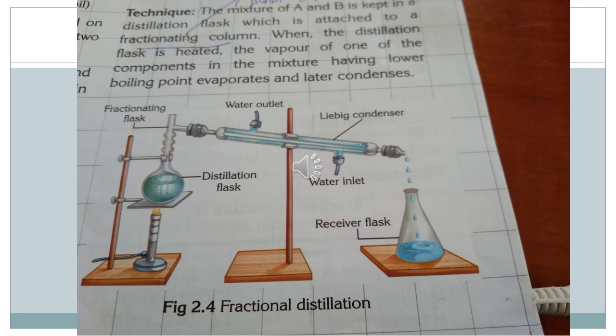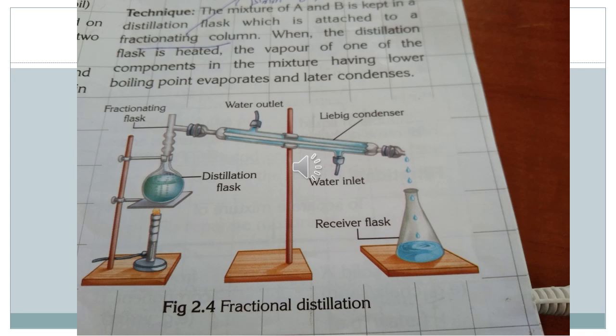Now here you see, a homogeneous mixture of two liquids is chosen in such a way that the two miscible liquids have less than 20 to 25 degrees Celsius difference in their boiling points. When we apply this, we can separate them.